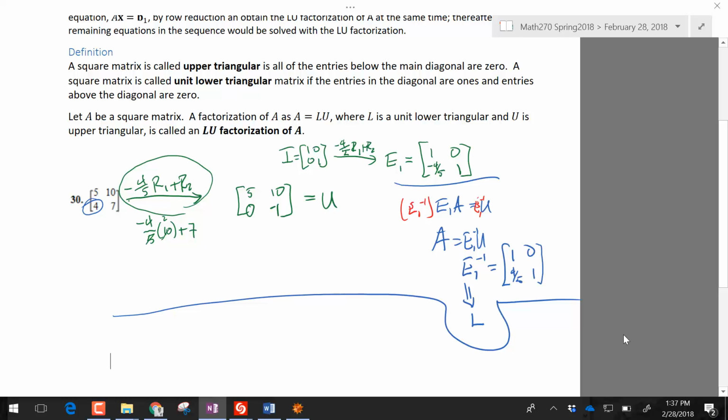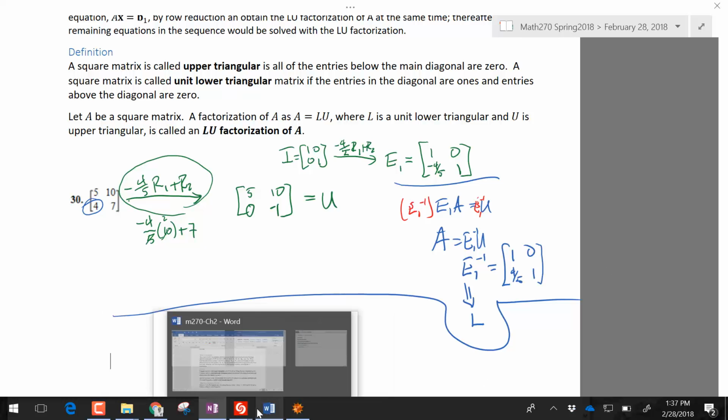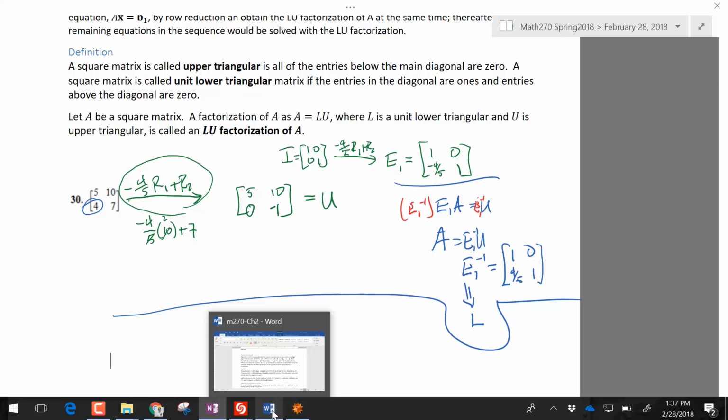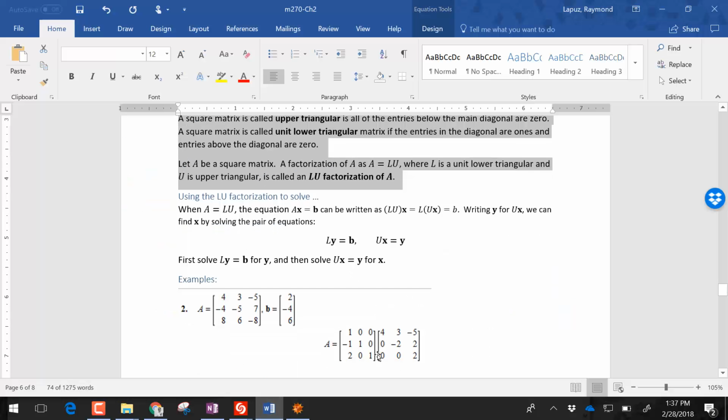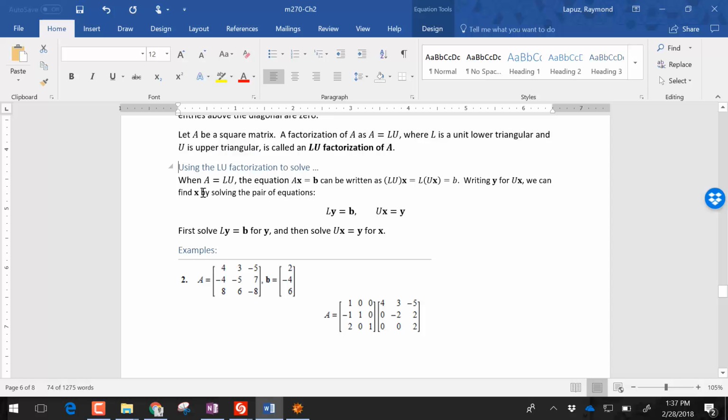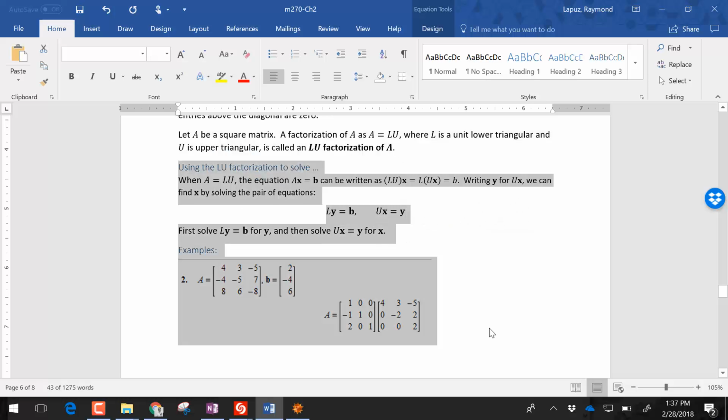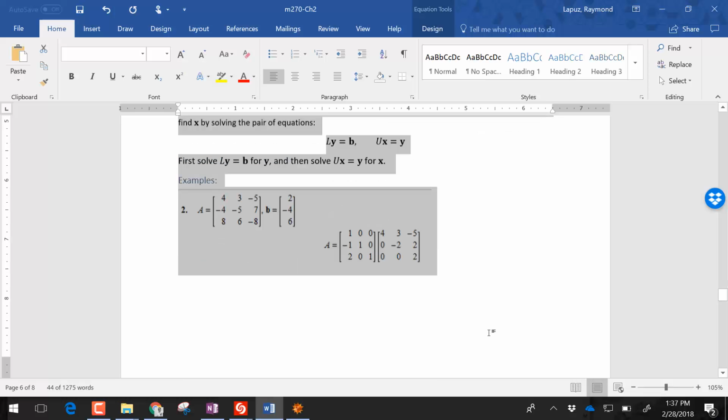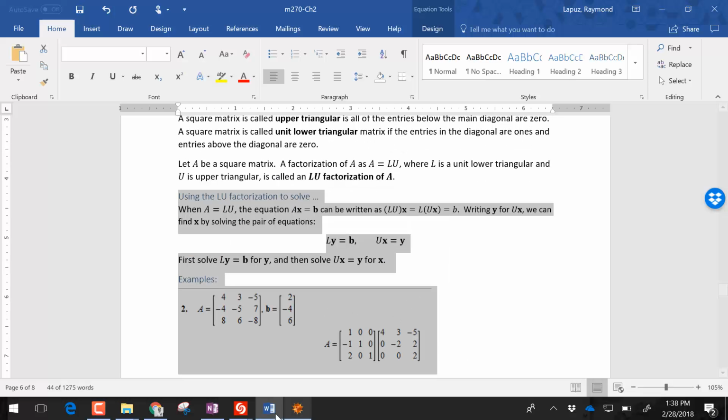All right, let me throw out some more theory, and then we'll do some more examples.